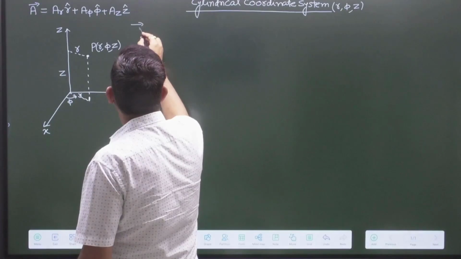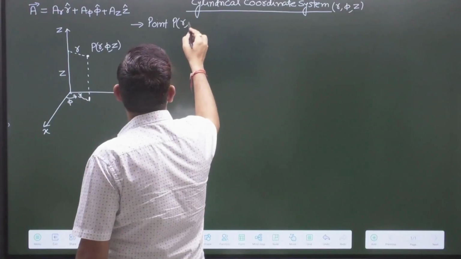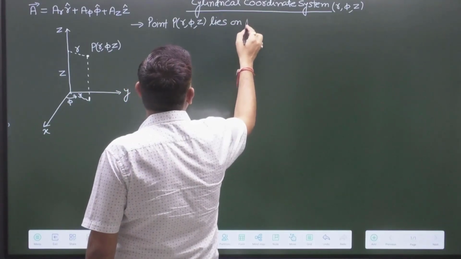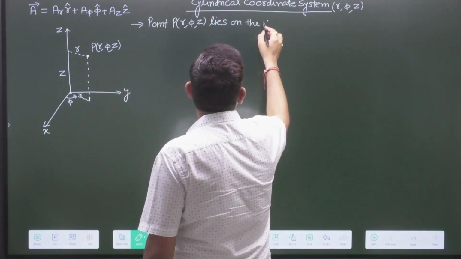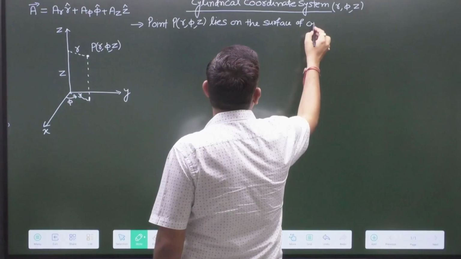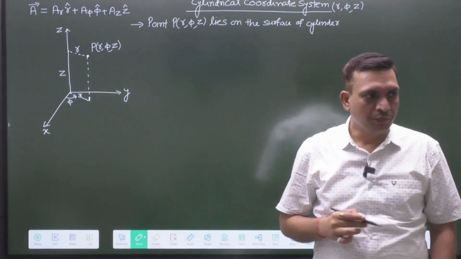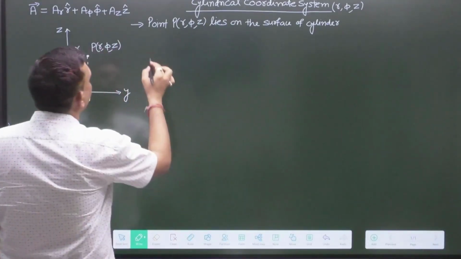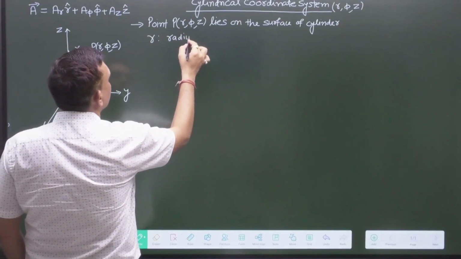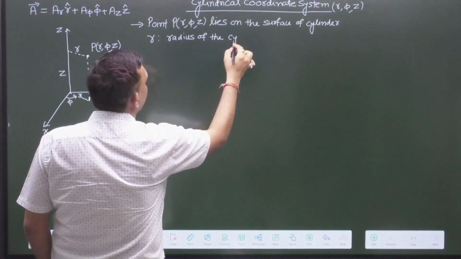So here point P, r phi z, lies on the surface of the cylinder, where r is the radius of the cylinder.